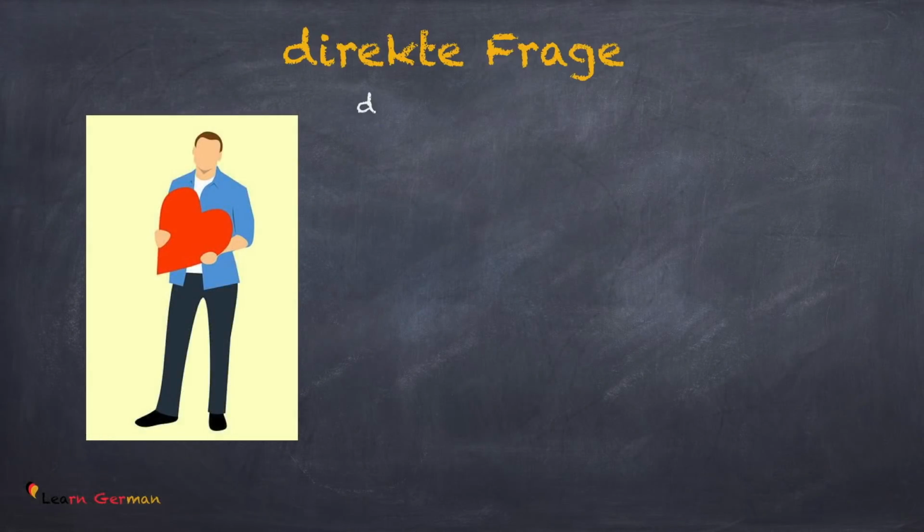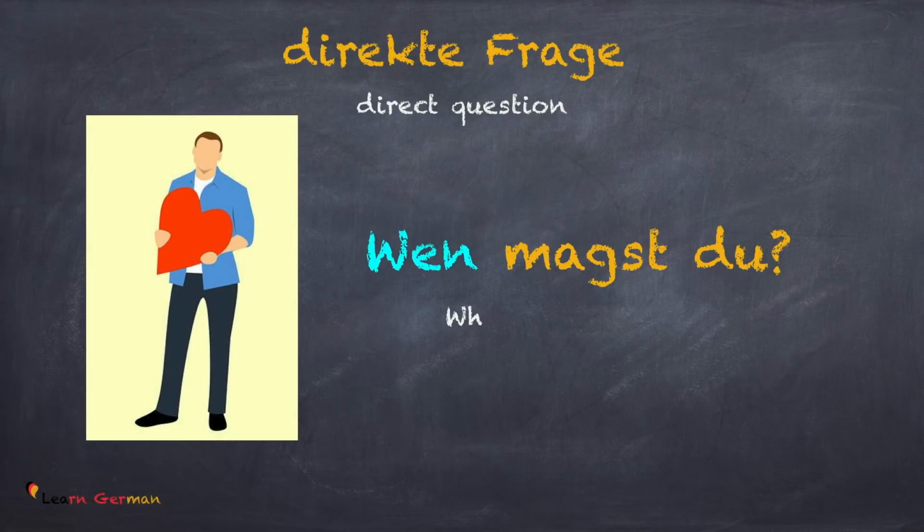Let's see how to use it in a direkter Frage. Wen magst du? Here it's being asked about a person. In this question, du is the Nominativ Subjekt and wen is the Akkusativ Objekt. In this case, the Akkusativ Objekt should be a person.